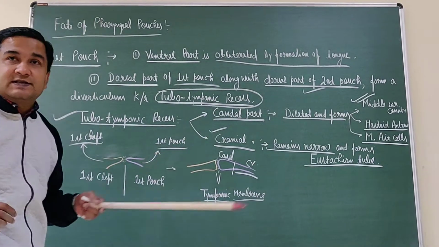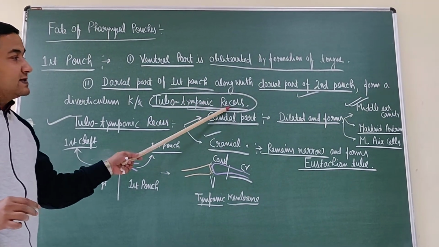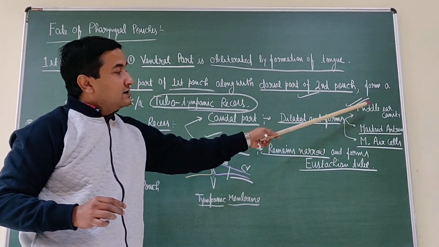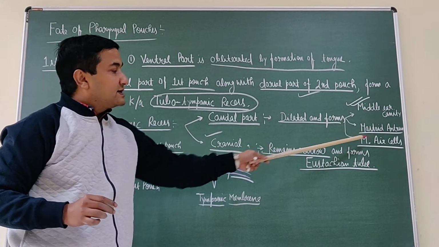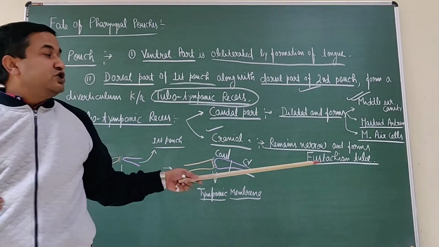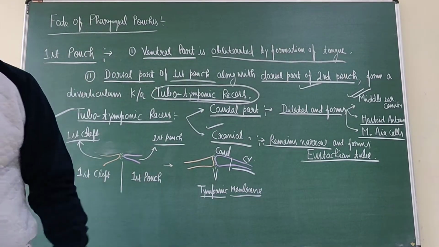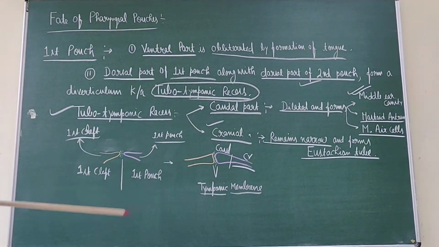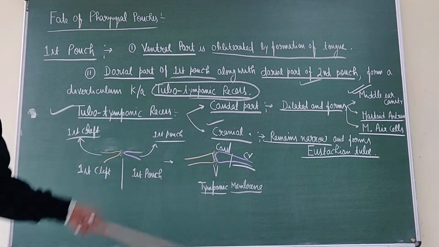Overall, what are the structures derived from this tubotympanic recess? It is the middle ear cavity, mastoid antrum, mastoid air cells, and the eustachian or pharyngotympanic tube. These are the structures derived from the tubotympanic recess.